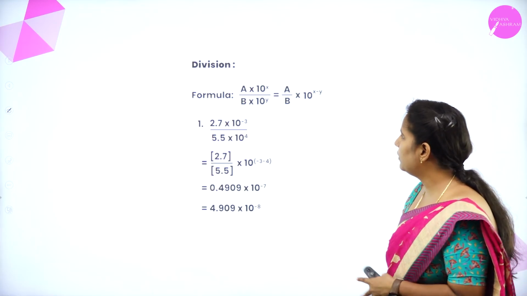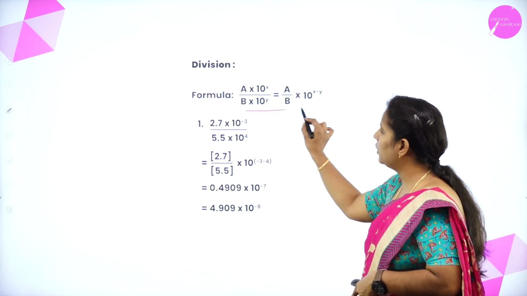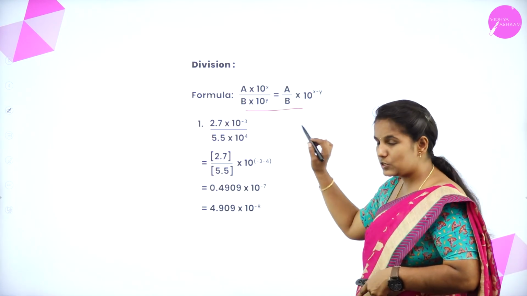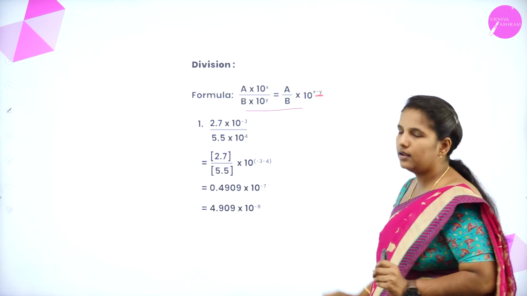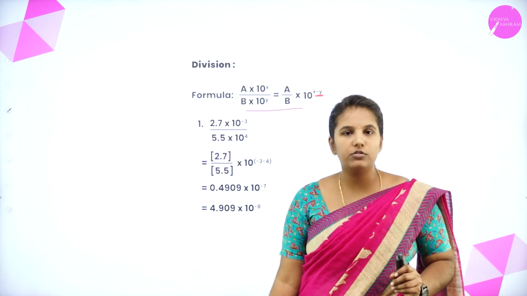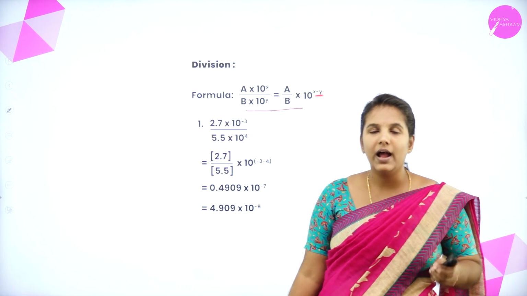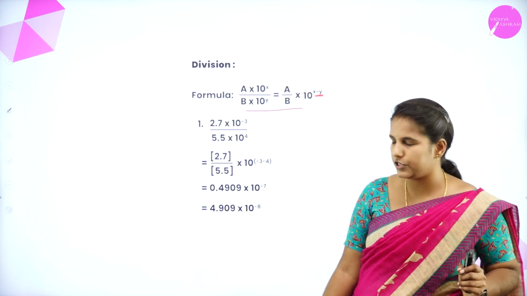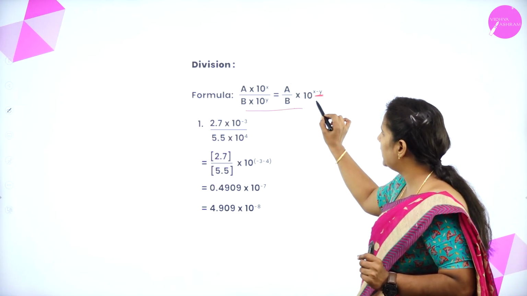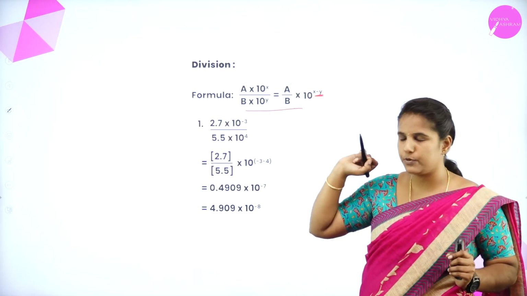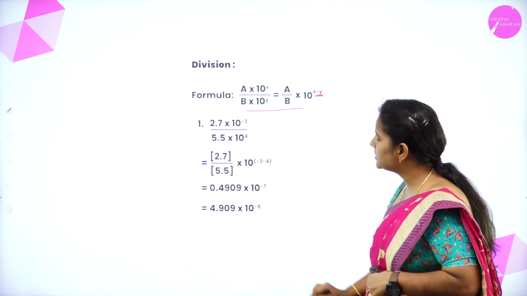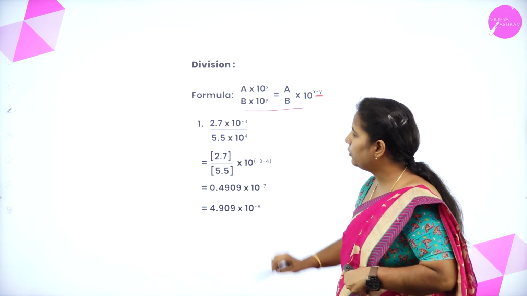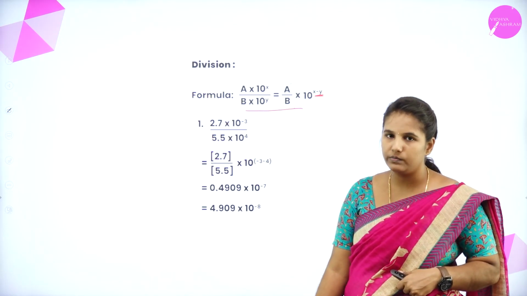Here the same approach applies. Especially with division, we have to subtract the exponents and divide the coefficients. How do we do this? Here, 2.7 into 10 power of minus 3 divided by 5.1 into 10 power of 4.